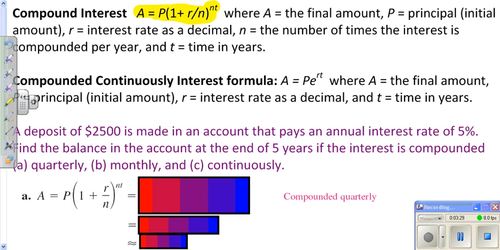We also have the A equals P e to the r t formula. It works whenever it's compounded continuously. Once again, P is still your initial amount, r is your interest rate as a decimal, and t is your time in years. e is your natural number, e. So we're going to be using those formulas to work out our problem here.